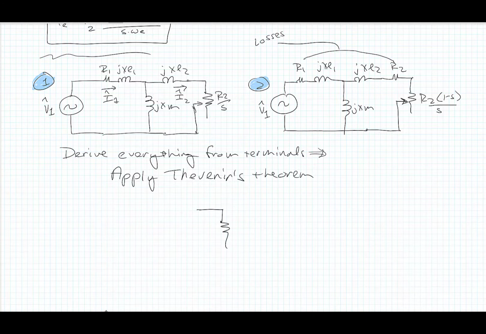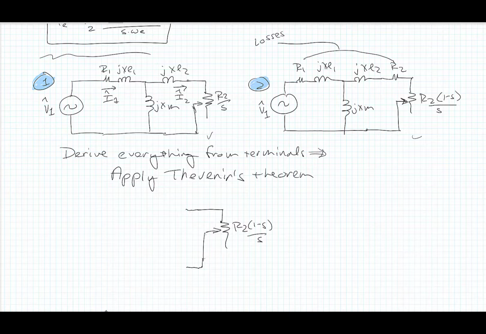I could take either one of these two circuits. I'll just take the one on the left, R2 over S. And actually, I'm going to do the one on the right, R2 times (1 minus S) over S. And I'm really interested in what's happening right here.